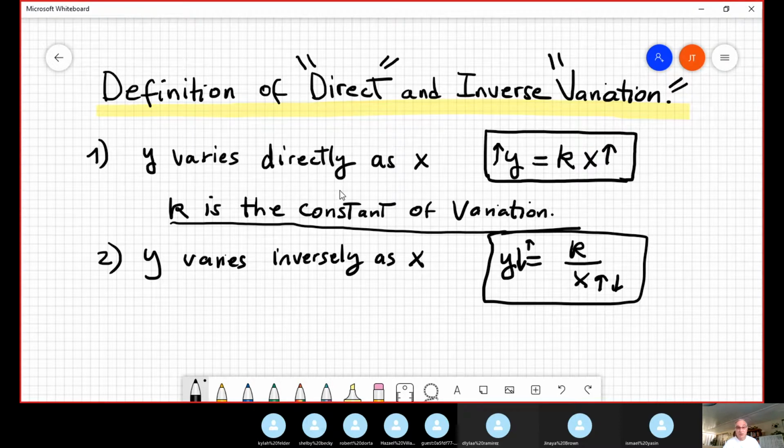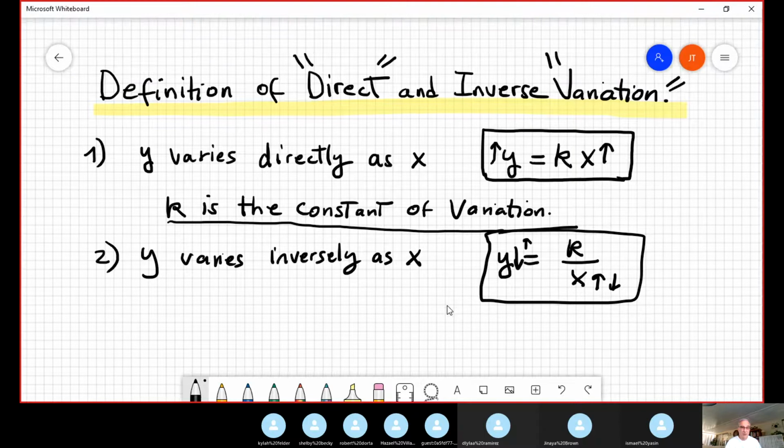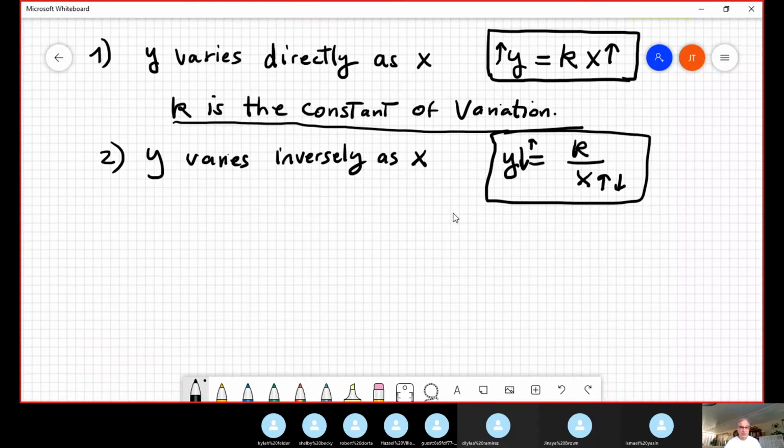Inverse variation and direct variation. We have one more that we can see in the problem: joint variation. So say, for example, y varies jointly as, in this case we have two variables, for example w and z.